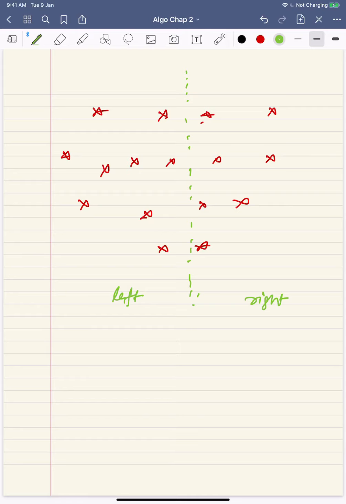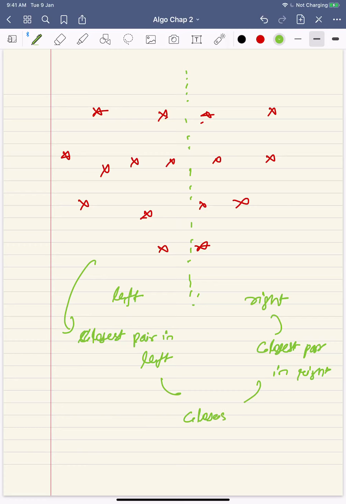Then I can recursively find the closest pair in the left and the closest pair in the right, and then I have to combine this information to find the closest pair overall. You divide the plane, conquer each of the subproblems, and then combine them. That looks like a divide and conquer approach.